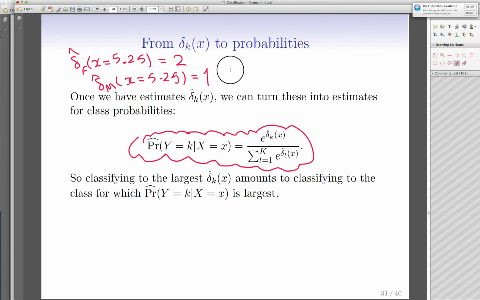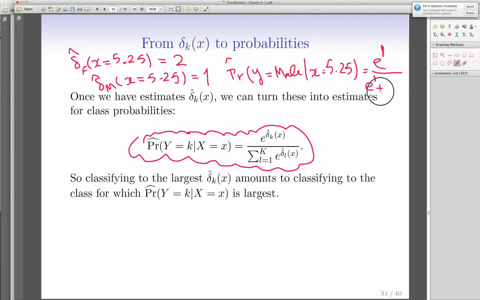Then you can show that the probability of y being equal to male, given that x is equal to 5.25, is simply the exponential of the linear discriminant function of male, which is 1, divided by the same thing plus that of female.